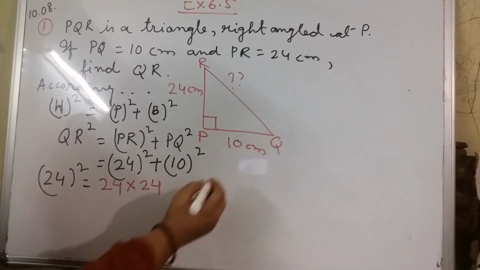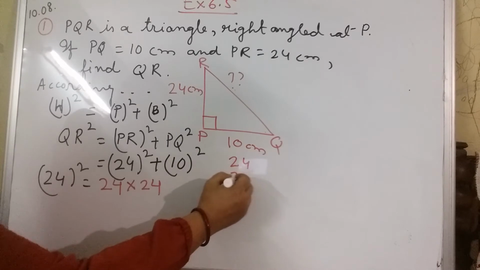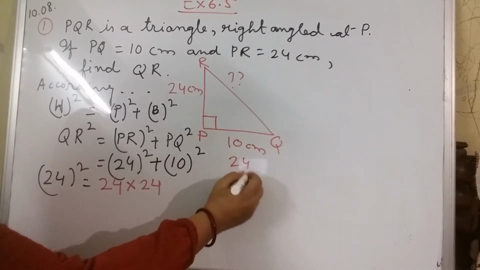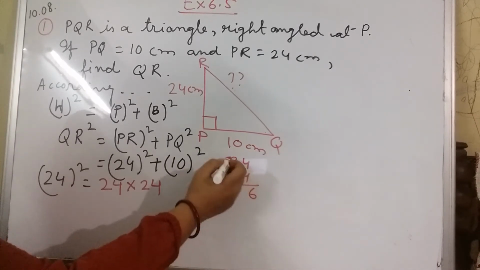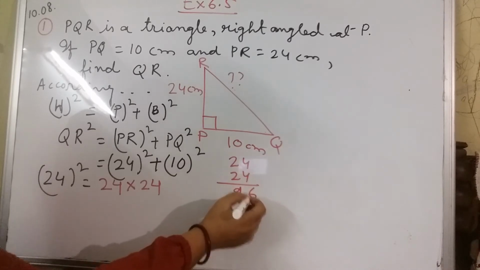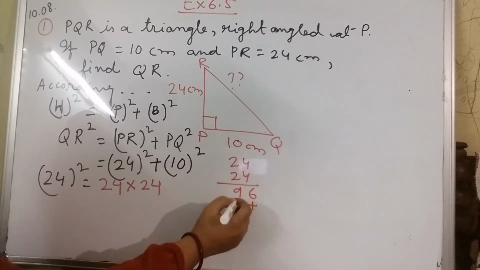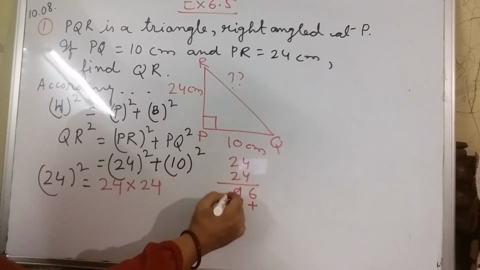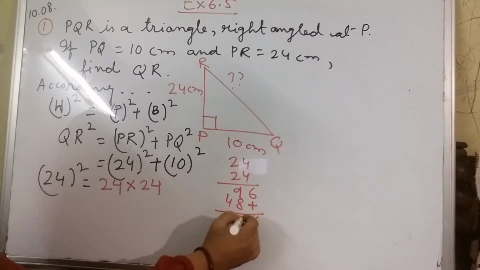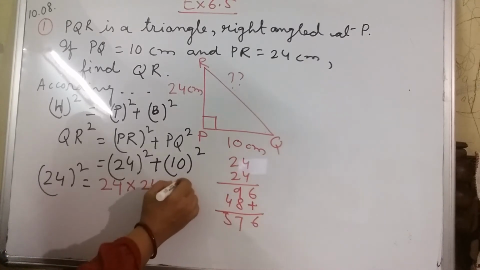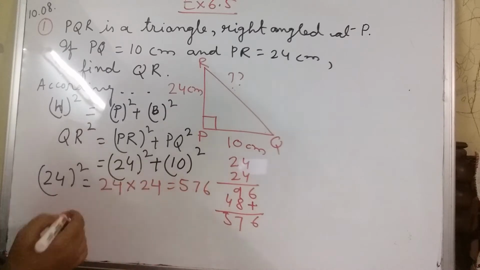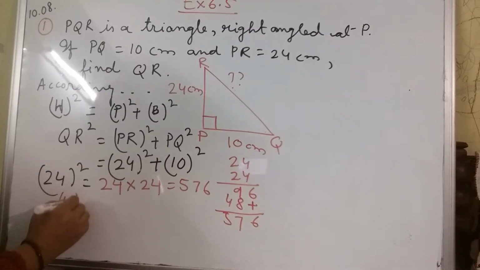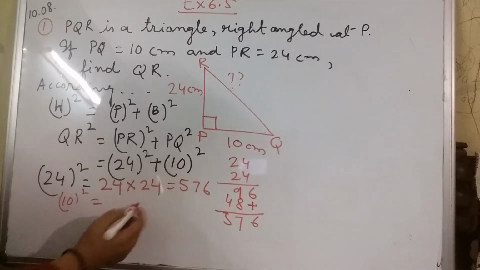How much is it? If we multiply 24 by 24, 4 4s are 16, 4 2s are 8, 1 that is 9, 4 2s are 8, 2 2s are 4, 6, 7, 5. So it is 576, and 10 square equals 10 into 10.